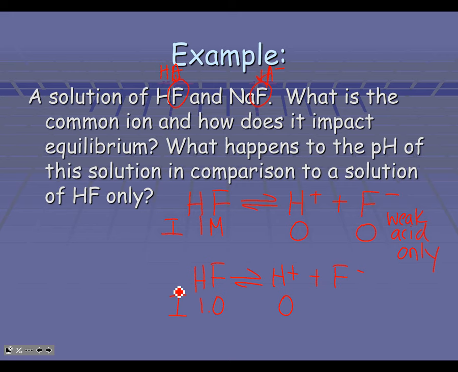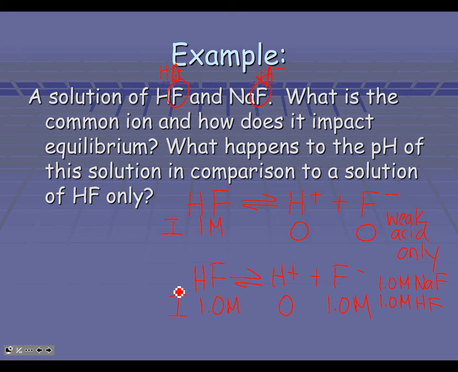Well, because there's a 1-to-1 ratio between the sodium and the fluoride, that's also going to give us 1 molar fluoride as well. There's the difference from when you have weak acid only and here where you have the weak acid and the common ion, the salt, along with it. It changes that initial step.